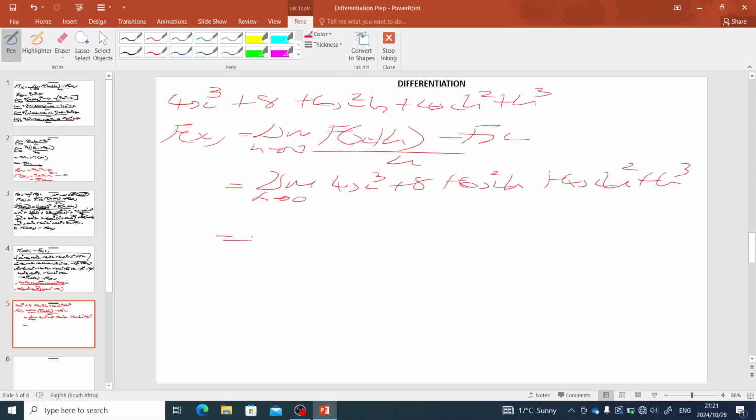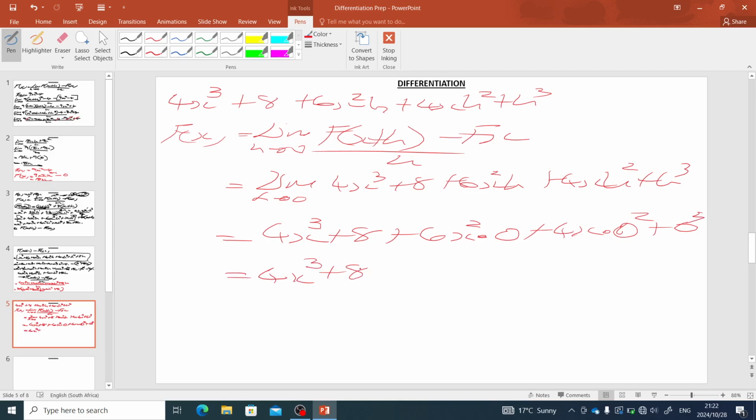Then when we substitute the h with 0, we will have 4x cubed plus 8 plus 6x squared multiplied by 0 plus 4x multiplied by 0 squared plus 0 cubed. Then our answer would be 4x cubed plus 8, because any number multiplied by 0 is 0. This would be our answer, good people.